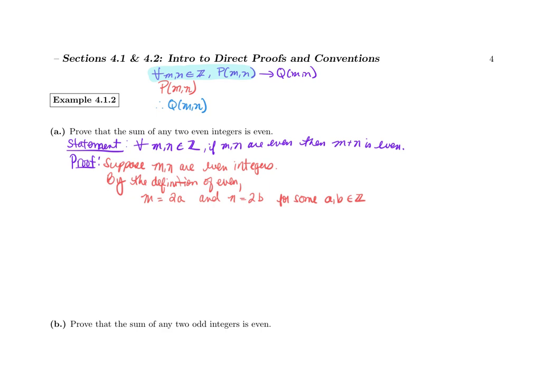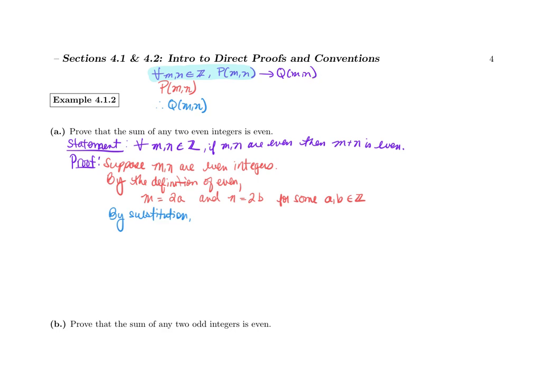So now we have to go about showing that Q of mn is true if we assume that P of mn is true. So we're going to start by saying by substitution, and let's show what we're trying to substitute. We're trying to show now that Q of mn is true.